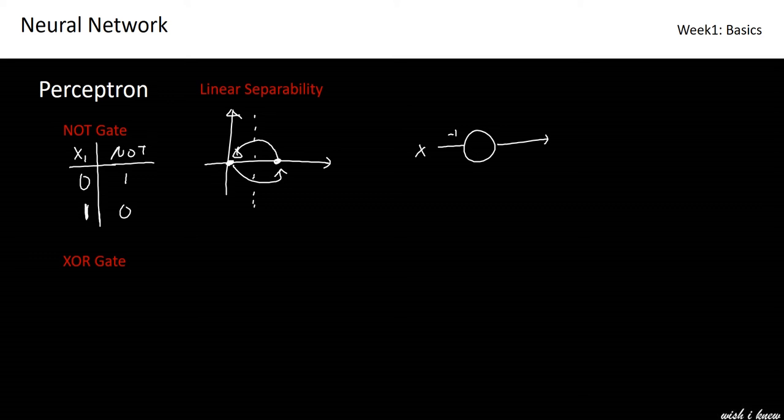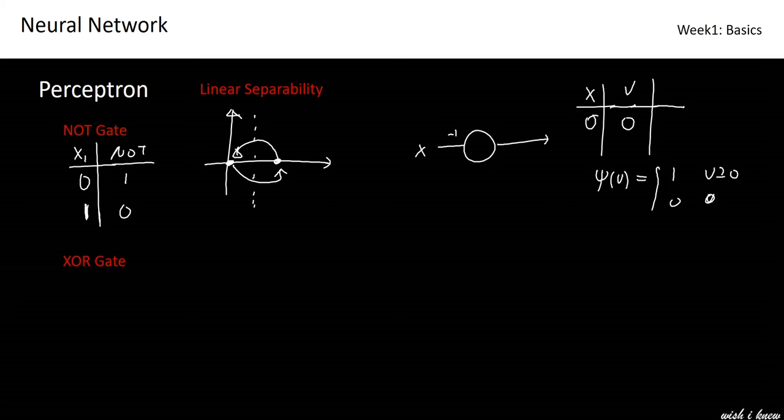Say when your x was 0, it's going to invert. So when it's 0, the output is going to be 1, and if it is 1, it's going to be -1, which is less than 0, so it's going to be 0. So as you can see, we are inverting 0 to 1 and 1 to 0.